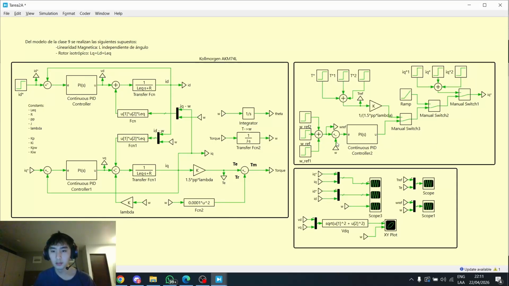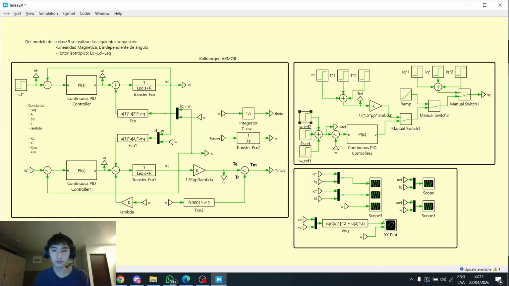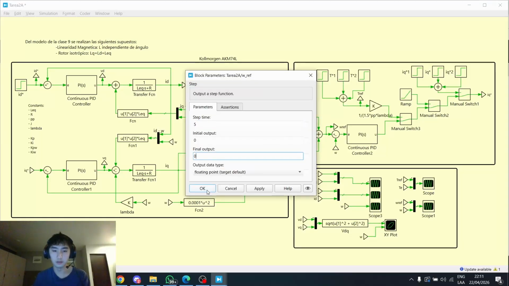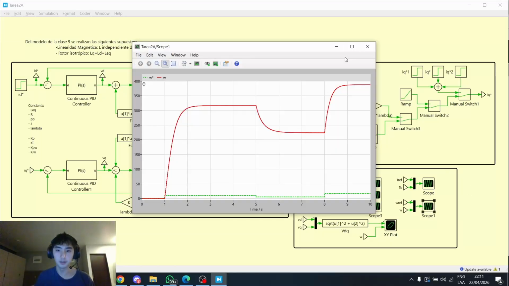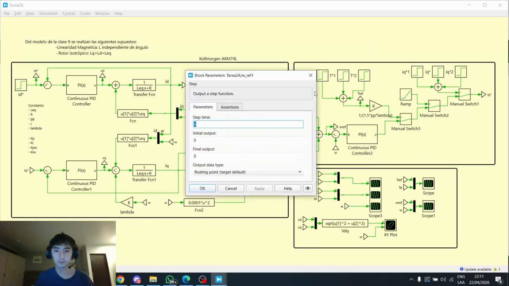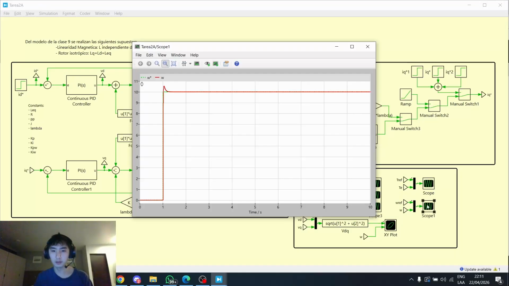Putting a reference of 10, 0, and 0, we are going to see that the speed does in fact follow the reference pretty accurately.